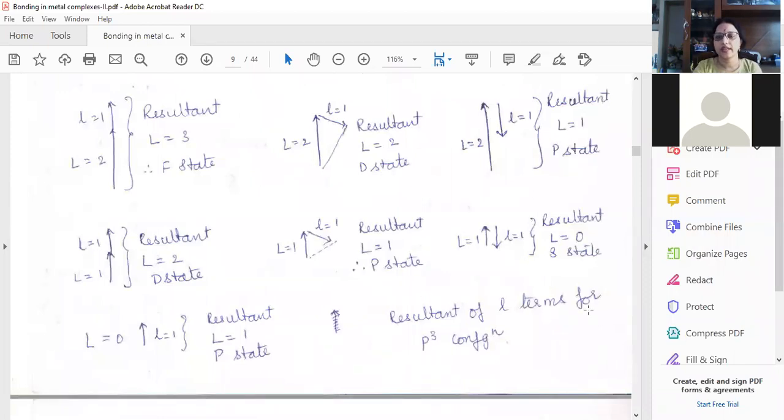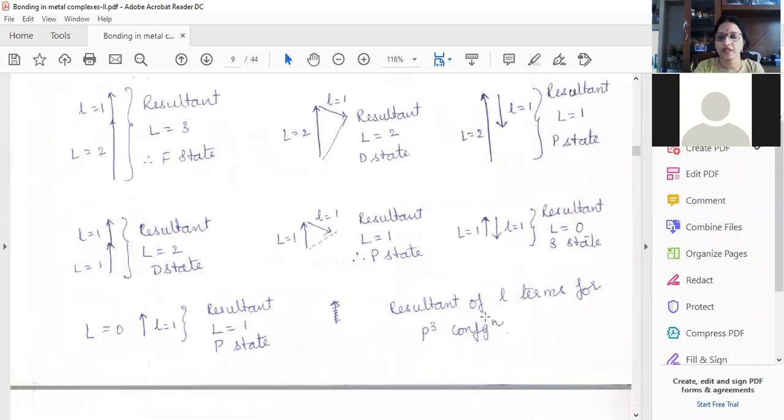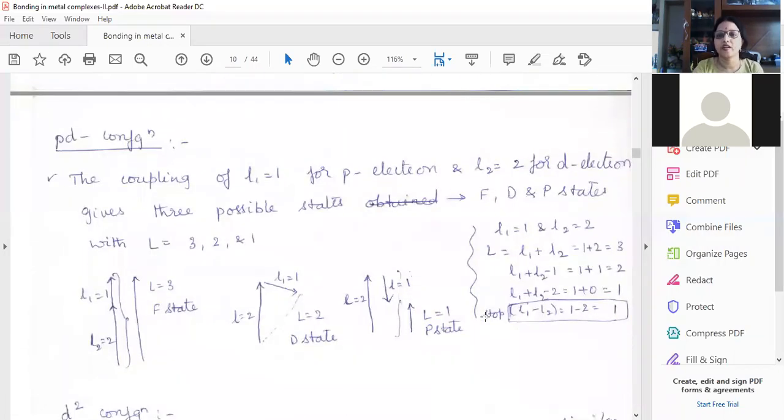All this we have already done for the p3 configuration. Now for d also we have done.